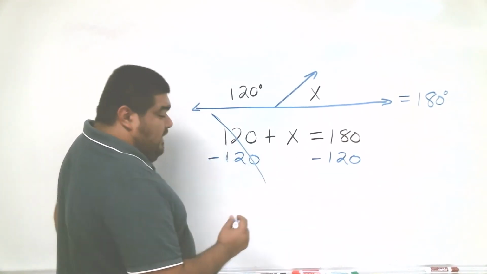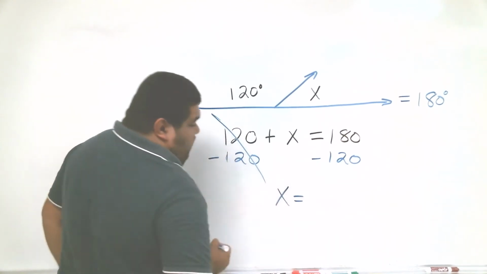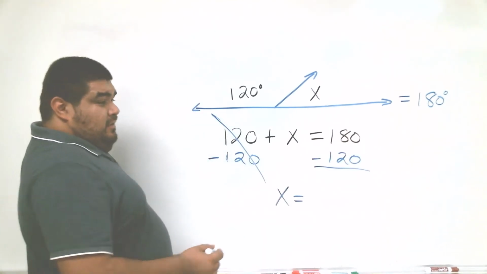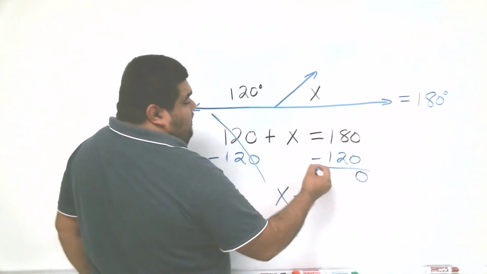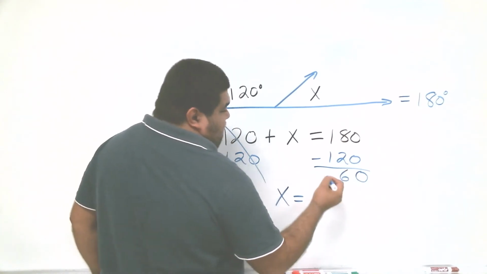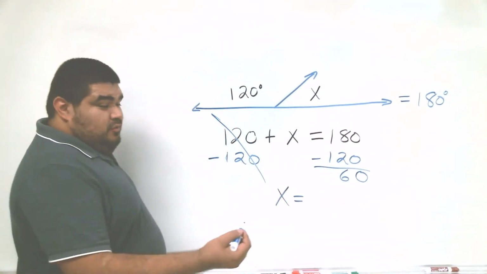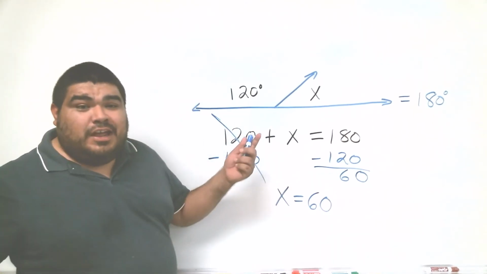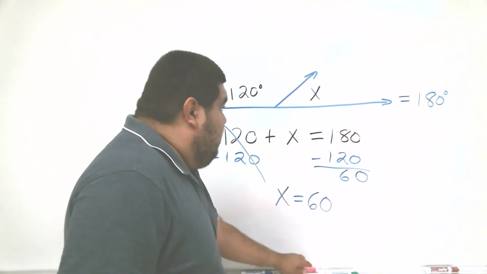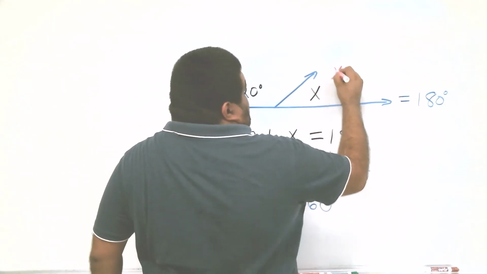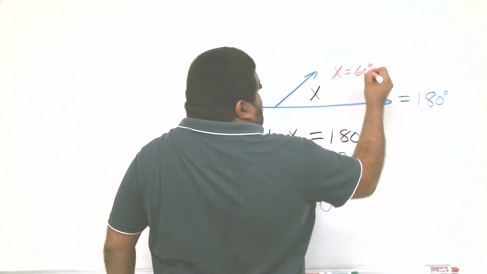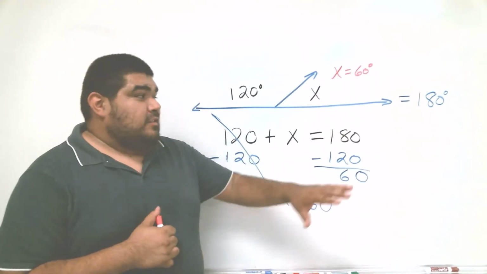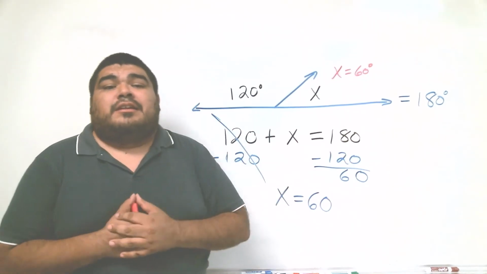We're just left with x equals, remember, 180 minus 120. We have a 0. 8 minus 2, which is 6. 1 minus 1 is 0. So x equals 60. So that means we solved for x, right? Yay! So x equals 60 degrees. And that is our answer. So this is the answer for a supplementary angle.